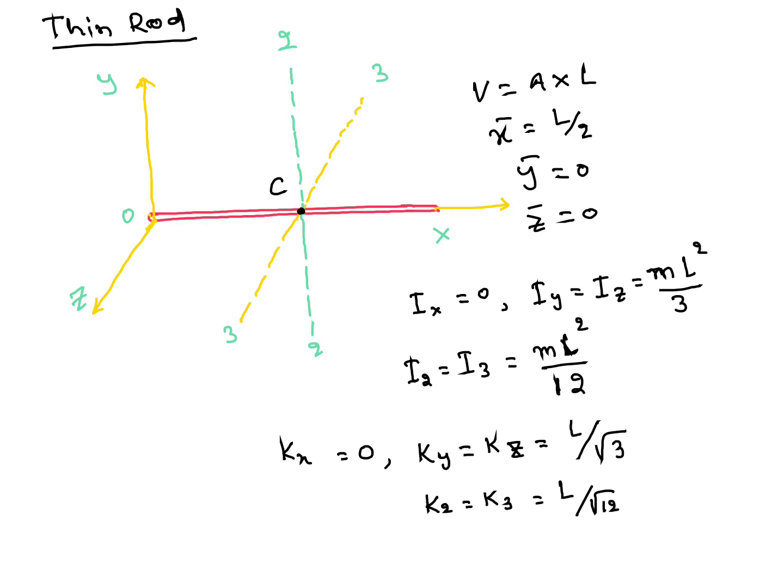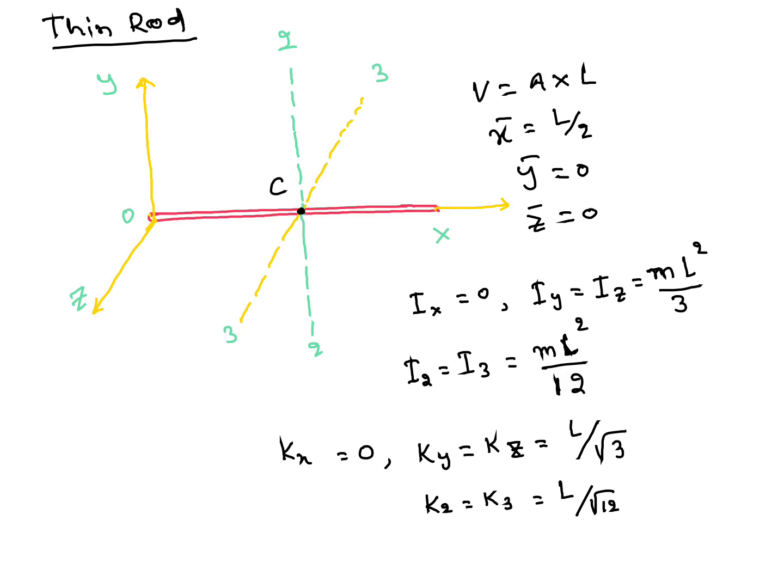Just apply parallel axis theorem and you will get your answer. Then radius of gyration kx equal to 0, ky equal to kz equal to L by root 3. This is also very important. And k2 equal to k3 equal to L by root 12.